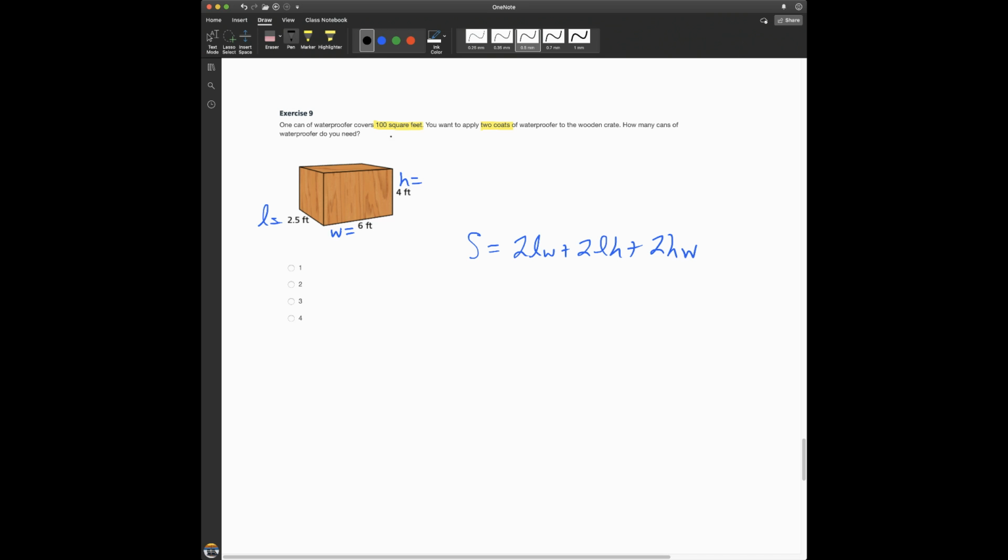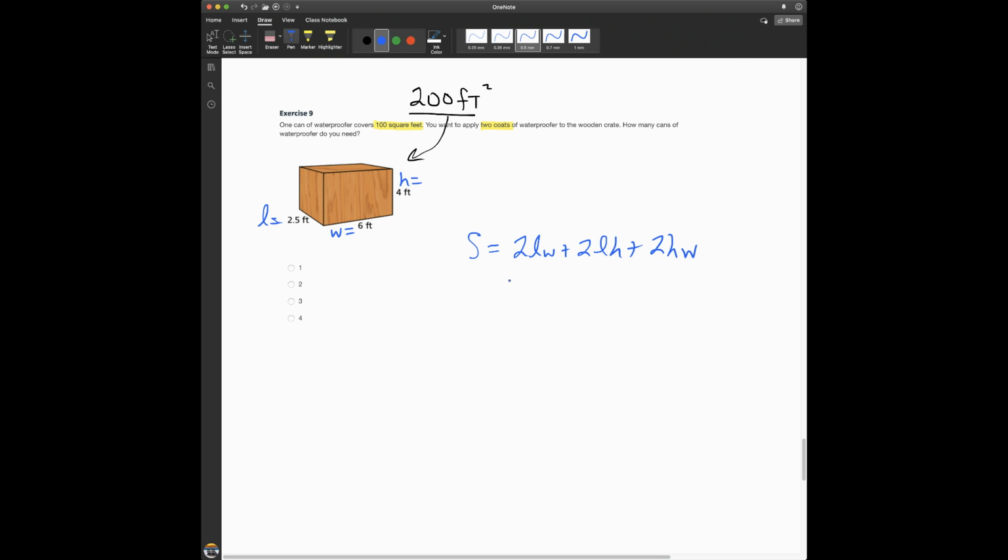You need 2 coats. That would be 200 square feet of waterproofer. You want to know, is this enough so that you can apply 2 coats to this wooden crate? Well, we need to find the surface area of the wooden crate first, and then we'll know.